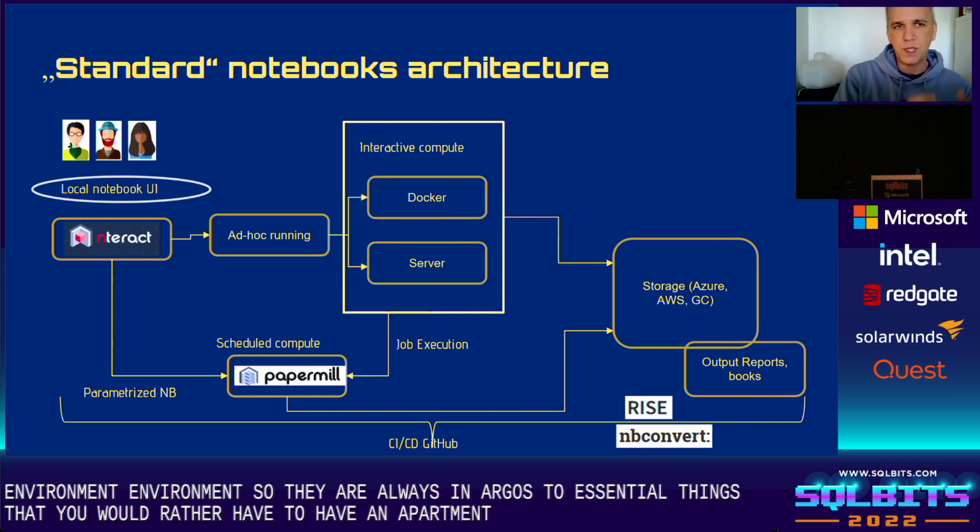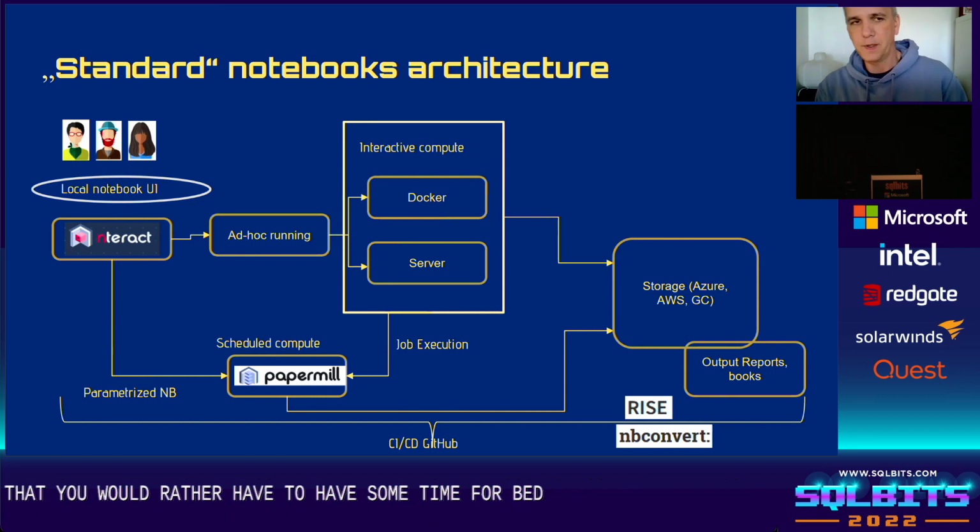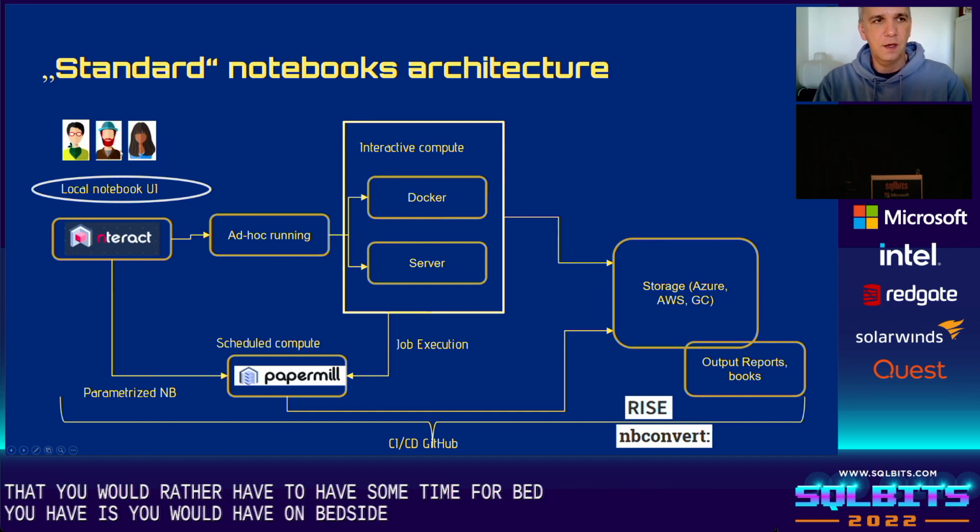And then you would have some local clients where people would start writing and doing that. This is, for example, an example where you would use Interact Papermill. And what you would have on that side is different departments, different people.